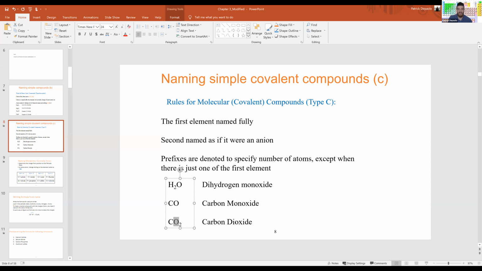We've seen oxide before in ionic, meaning that we change the last syllable to IDE. That rule stays in both naming schemes. But the only difference is that we use this prefix to tell us the number of second elements. Also, we use it for first elements too, but I'll explain why. So we use dioxide to say 2, and that's that.